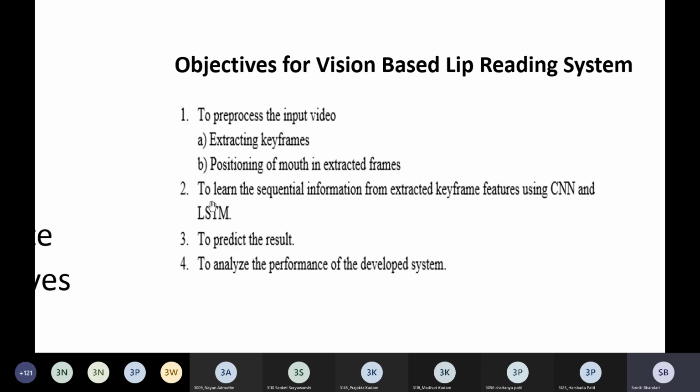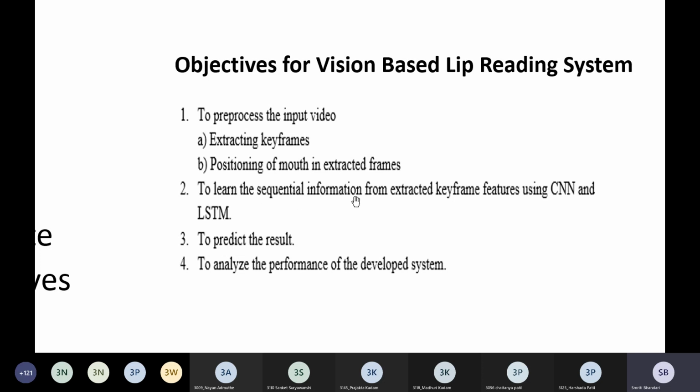The second step clearly indicates what to do next: to learn the sequential information from extracted keyframe features using CNN and LSTM. CNN is the convolutional neural network. As I stated, this system is based upon deep learning. So two different architectures of deep learning are to be used to solve this problem.